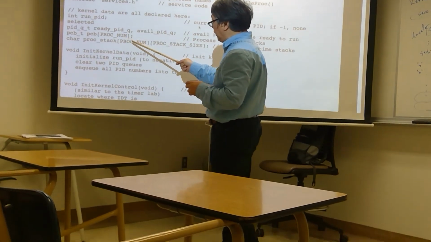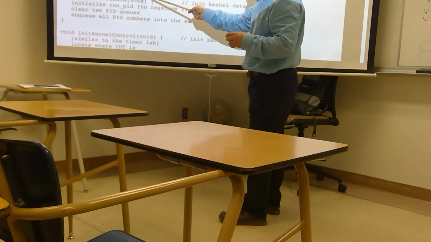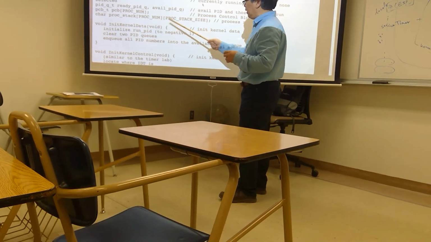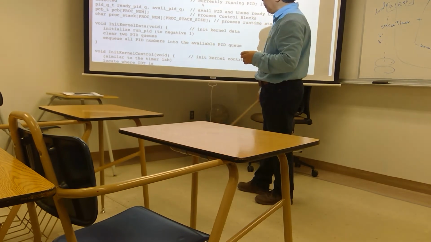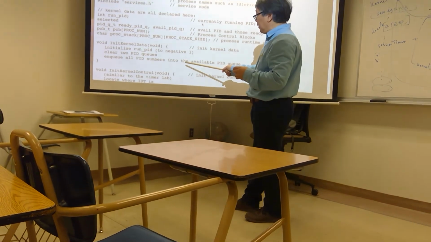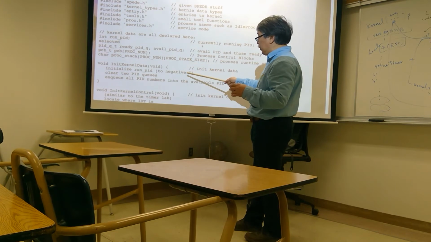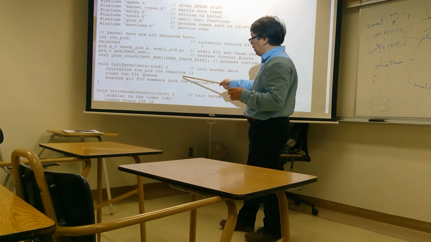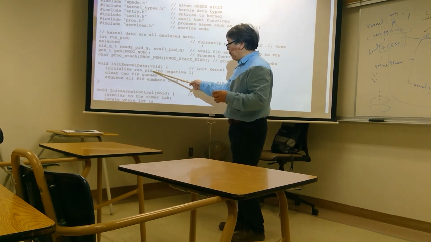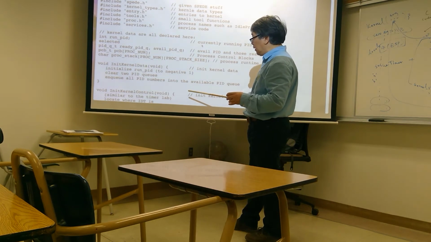There's a PCB array. This is a process runtime array, the runtime stack. This one is two-dimensional. The first dimension is the index, which is the PID. The second one is 4K bytes. And here's the InitKernelData subroutine. This will initialize all the kernel data, set them to 0 or to -1. We designate -1 to run PID to initialize it, meaning that there's no running process selected yet.